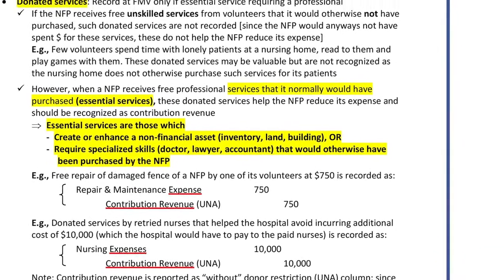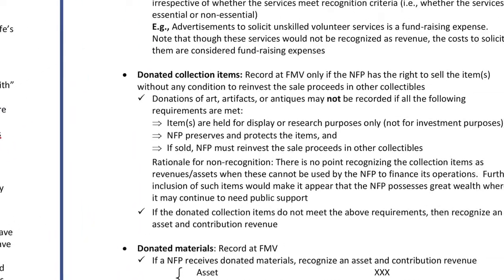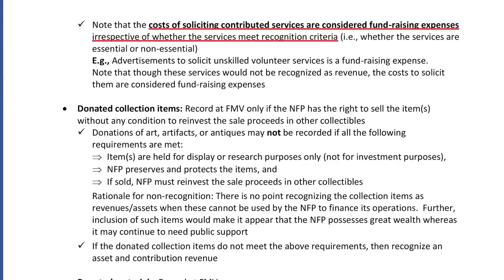Move to page 55 and underline the cost of soliciting contributed services are considered fundraising expenses, irrespective of whether the services meet the recognition criteria. Irrespective of whether the services are essential or non-essential.